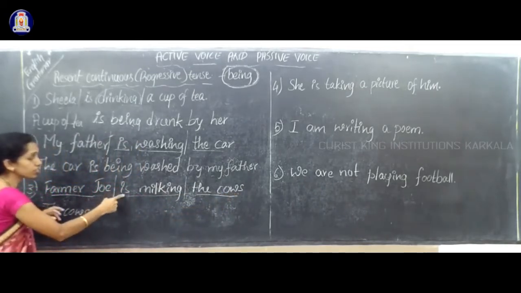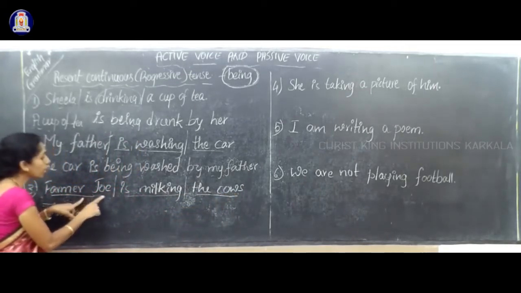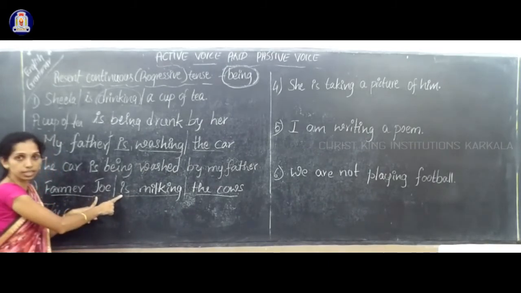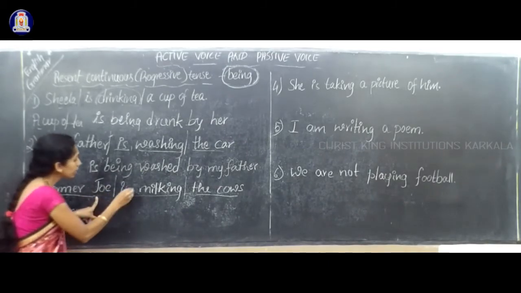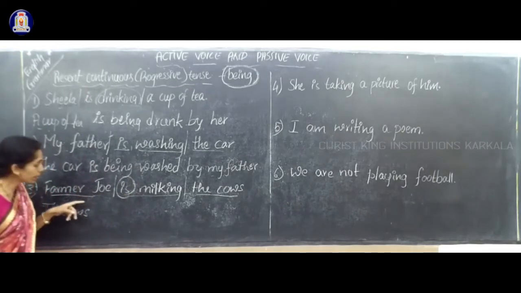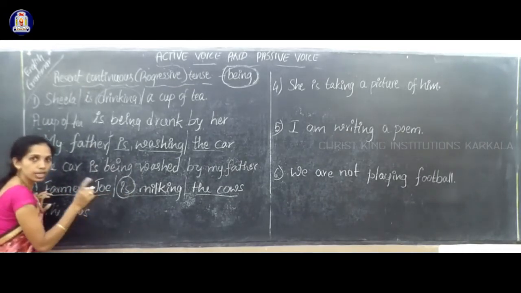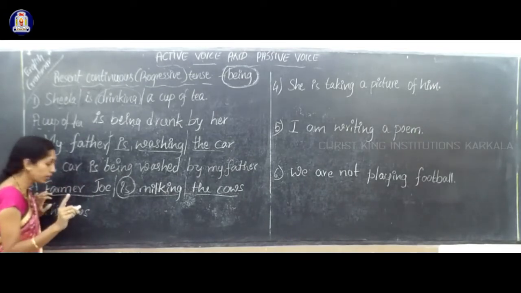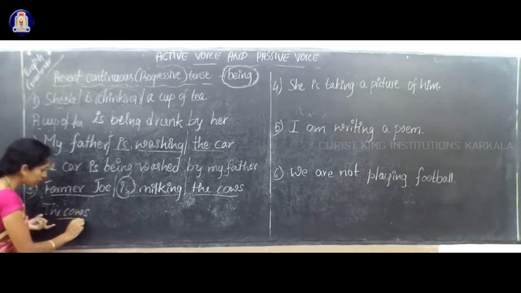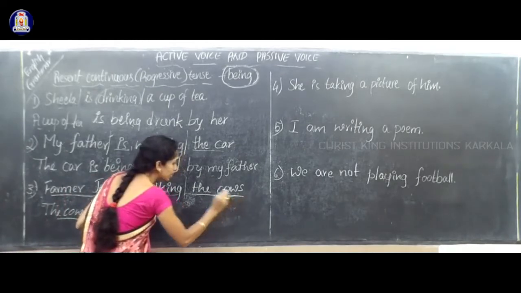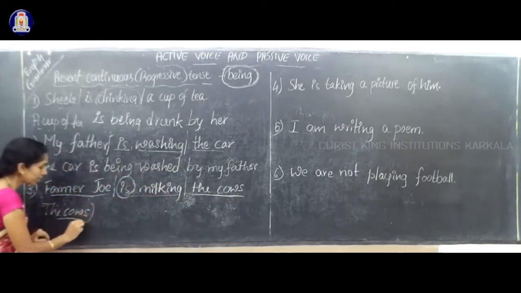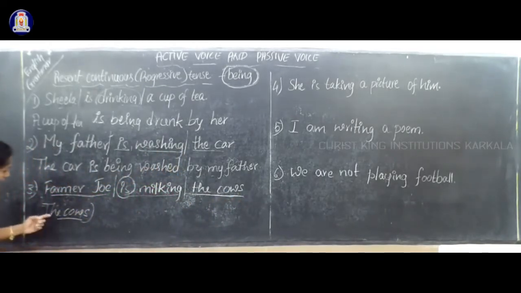Here, look at the subject-verb agreement. Farmer Joe in the first sentence, in the active sentence, here it is. Why? Because Farmer Joe is the singular subject. But when you use the object as the subject here, it is plural, isn't it? The cows. It is plural.